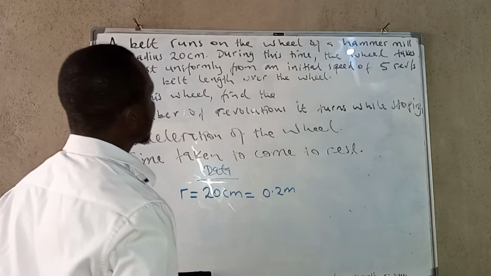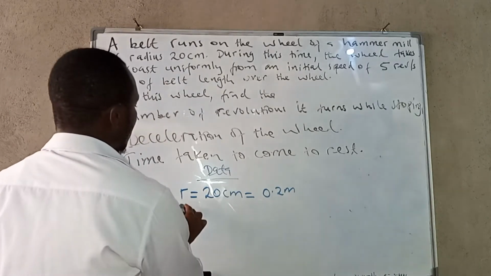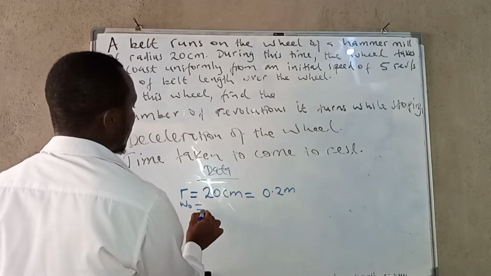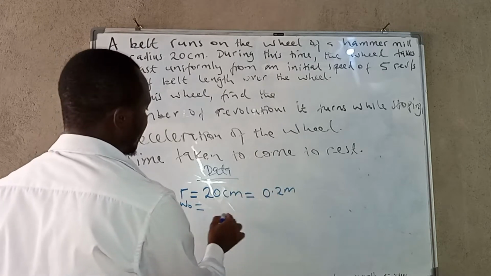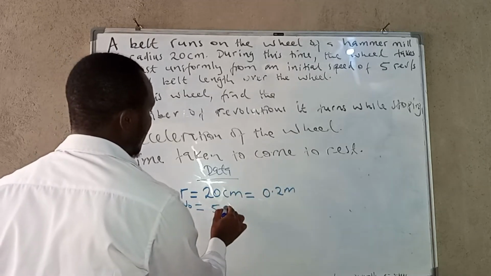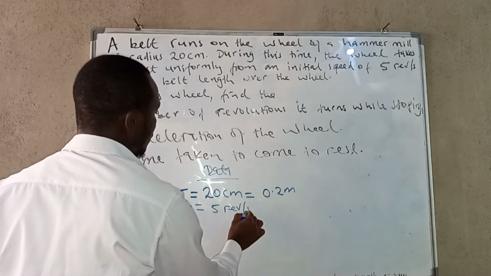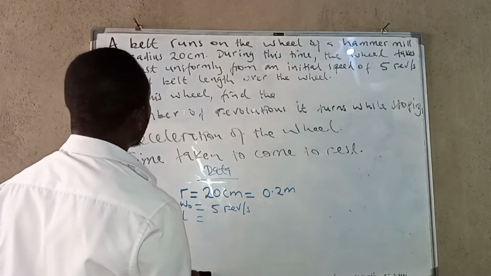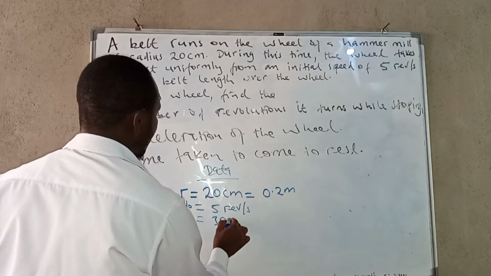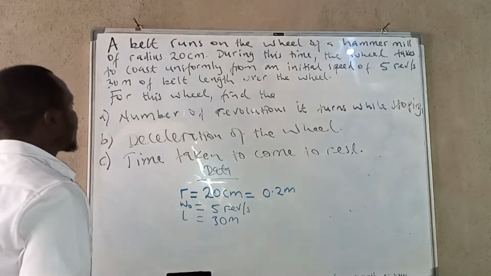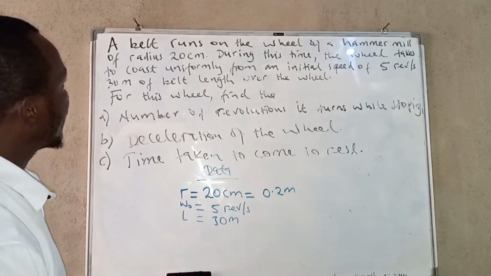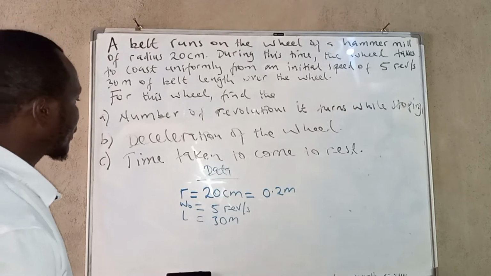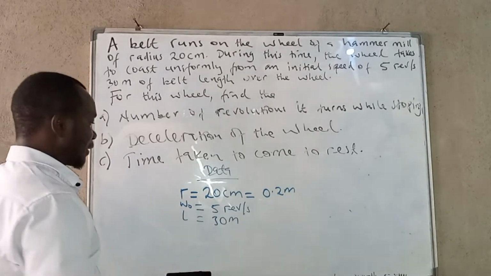Then the other information that we have is the initial speed, which is 5 revolutions per second. Then we have L, the belt length, which is 30 meters. I think this information is sufficient.